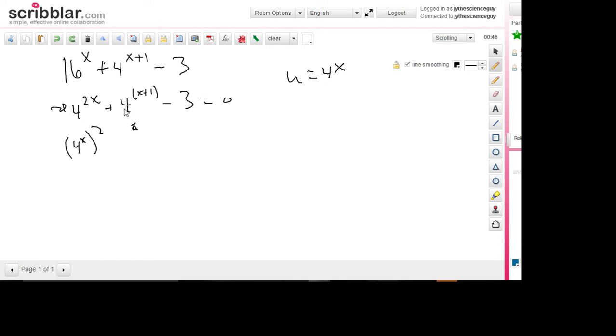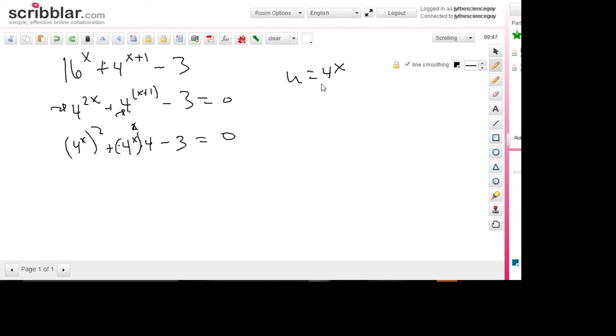And then I'm going to write this one like this, plus 4 to the x times 4, minus 3 equals 0. You see what I did there? And then I'm going to substitute u in for each one of those. So this becomes u squared plus 4u minus 3 equals 0.